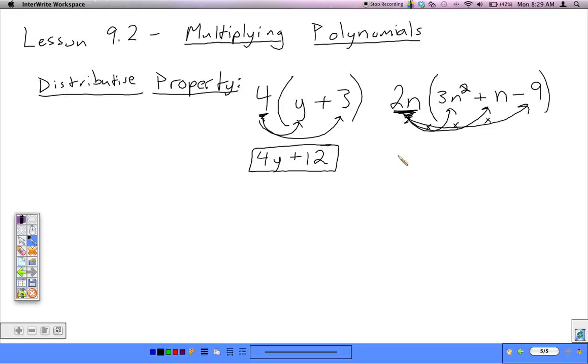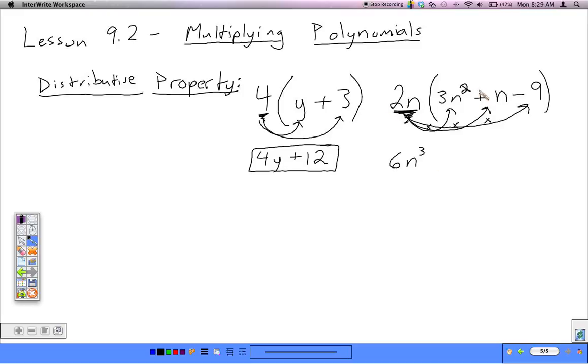So 2 times 3 is 6. Then I have n times n squared. That's n times n times n. That makes a total of 3 n's. Notice that their exponents, this one being a 1, would add with the 2 to make the 3. That's what happens when you multiply variables.